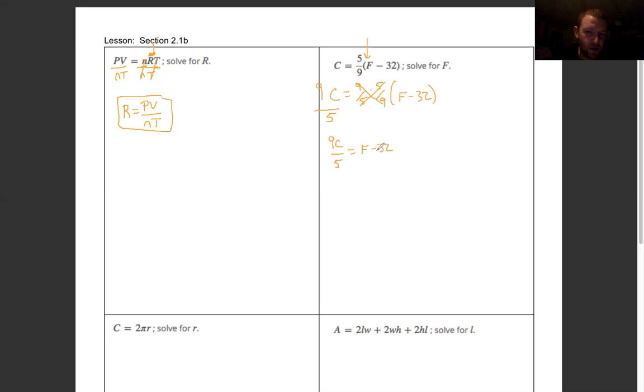And since I'm minusing 32, I must add 32 to this side. So I get 9C over 5, or 9/5 C, plus 32 is equal to F. Again, that could look like this: 9/5 C plus 32 is equal to F. Either way is fine.